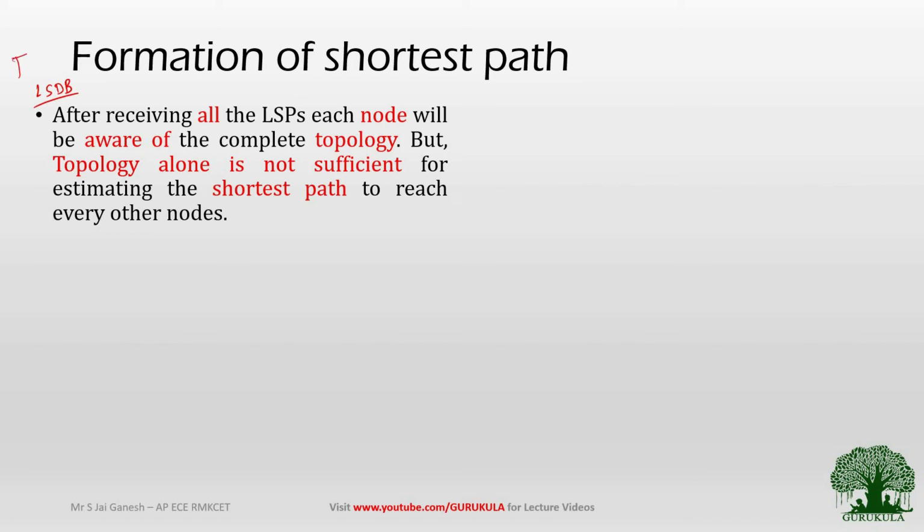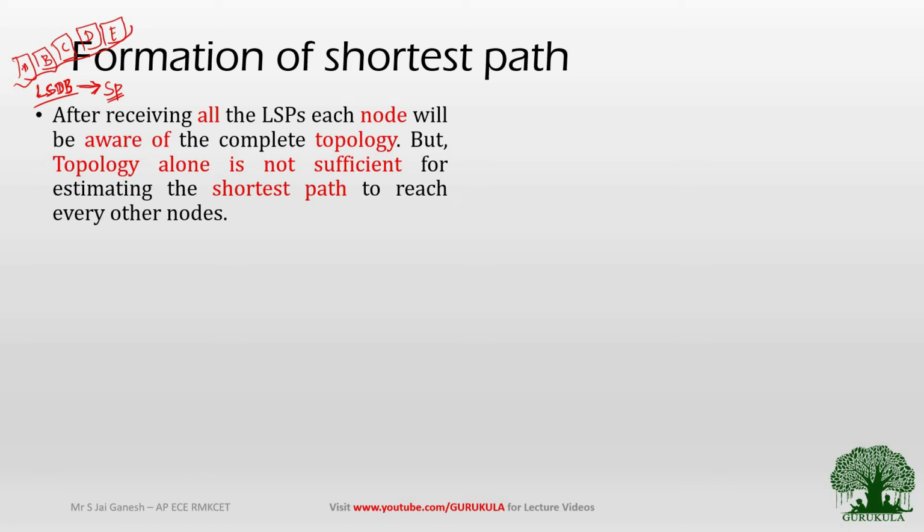It will have the link state packet of node A, link state packet of node B, link state packet of node C, link state packet of node D, and link state packet of node E. All these LSPs put together is what we call the link state database, and it will be used to create the shortest path. With this idea in mind, we will see what happens next.